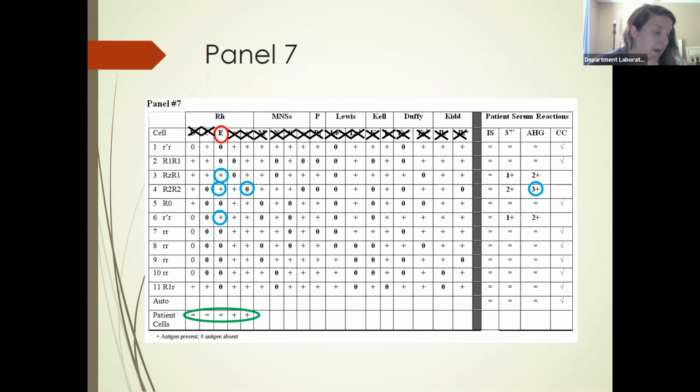All right, and then you're asked about some selection of positive and negative controls for phenotyping. So remember, anytime you phenotype a patient or you phenotype donor units, we will always run controls. When you select your positive cell for phenotyping, it must be heterozygous positive.